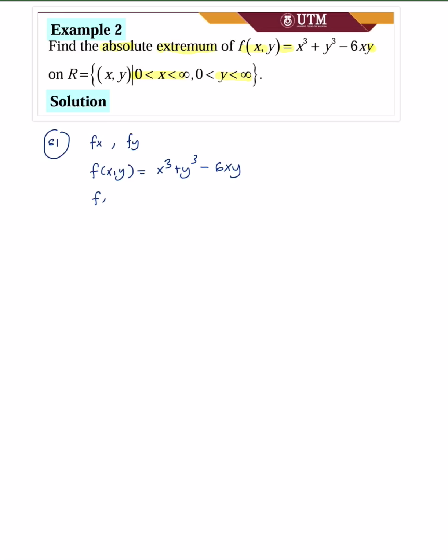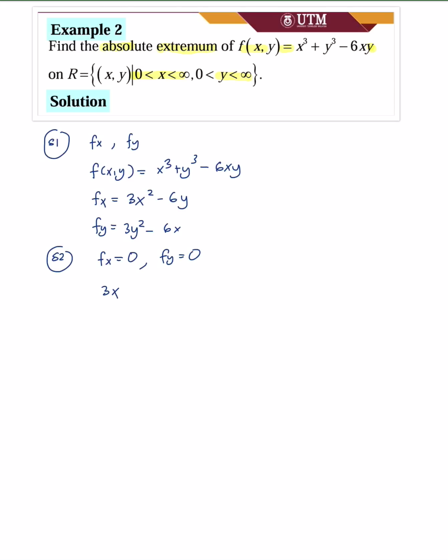So fx is 3x squared minus 6y, and fy is 3y squared minus 6x. Now in step 2, we need to equate fx equal to 0 and fy equal to 0 to find the critical point.